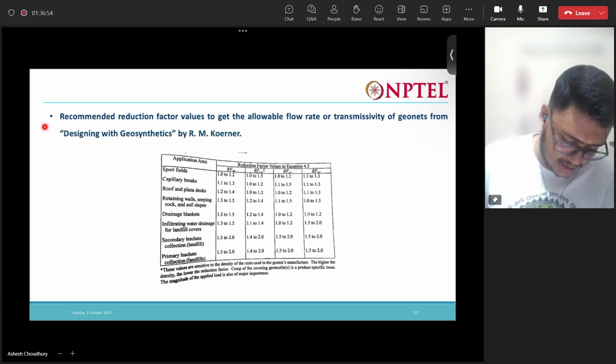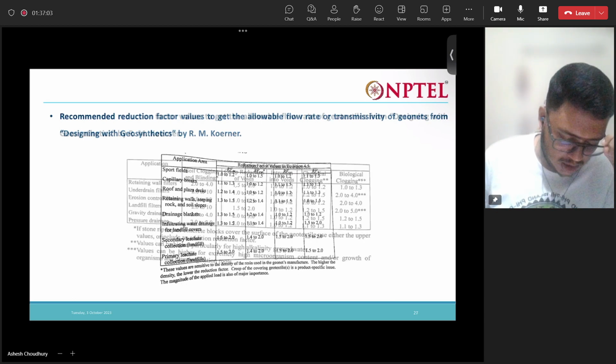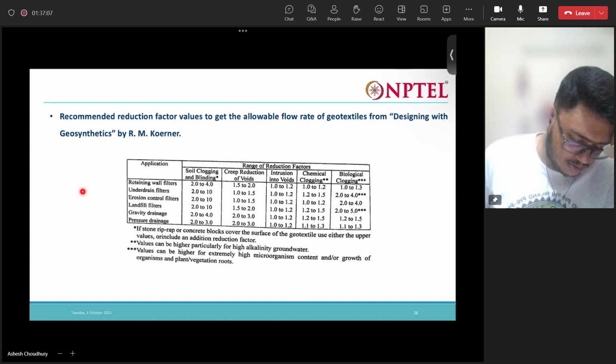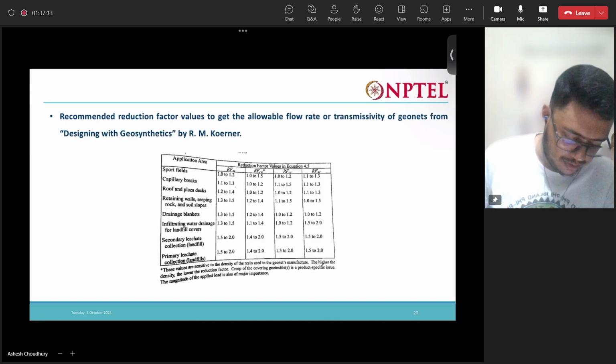Then we have these values for geonets. In geonets, we do not use this SCB. Only these 4 reduction factors are used. Here we had 5 reduction factors, but for the geonets, we use the other 4: intrusion, creep, chemical clogging, and biological clogging.